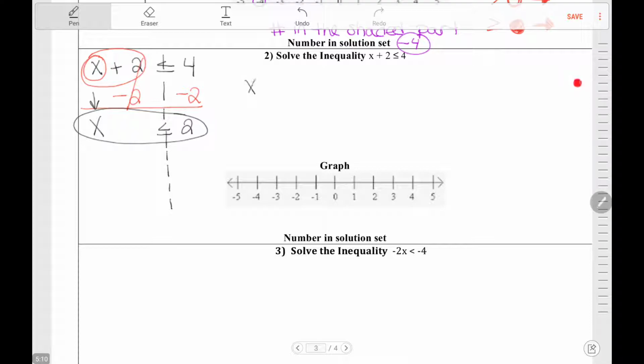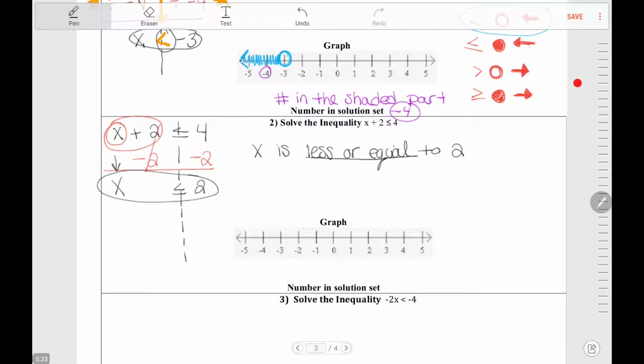So we translate. X is, go ahead and fill in the blank. Okay, so you should have said less than or equal to. Okay, and based off our rules up here, less than or equal to is right there.